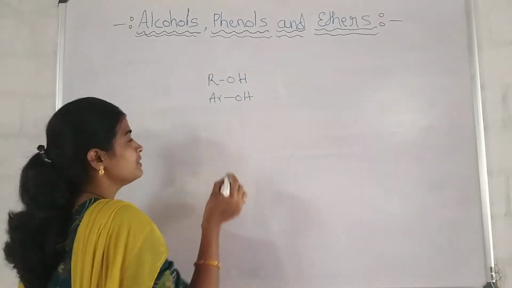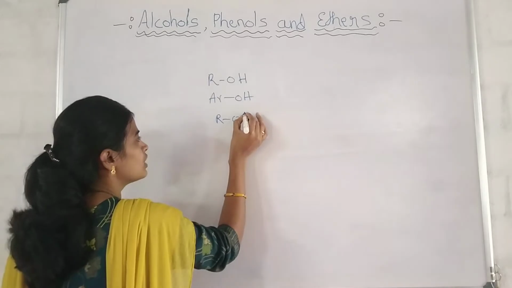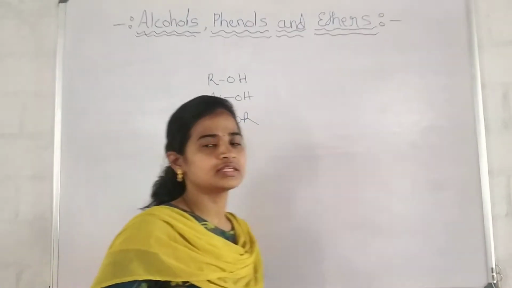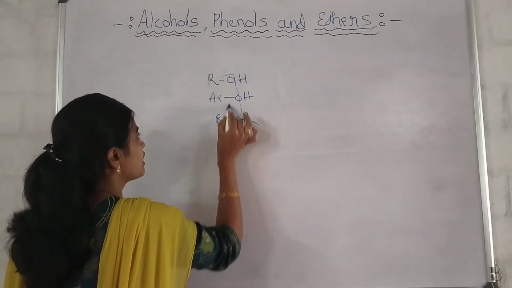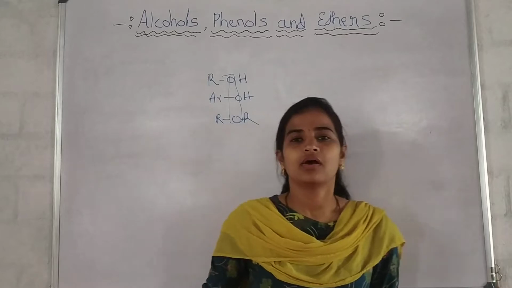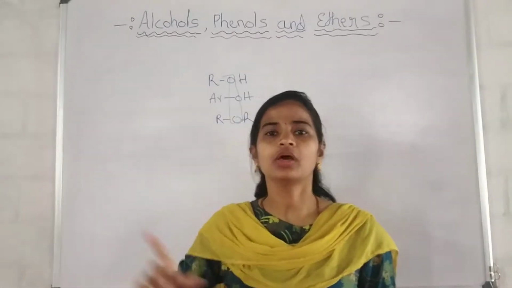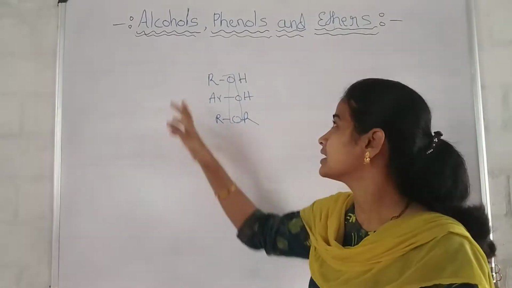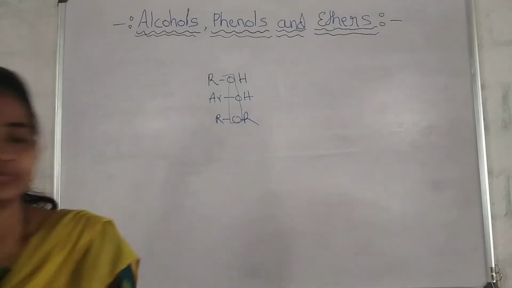The general formula of ether: ROR. If you look at all of these three, what is common here? All of these contain oxygen in the functional group. Therefore, we are studying all these compounds together in a single chapter: alcohols, phenols and ethers.